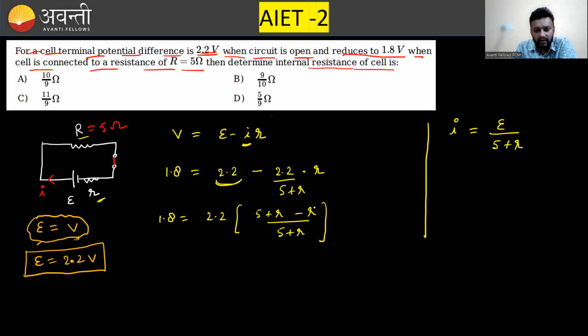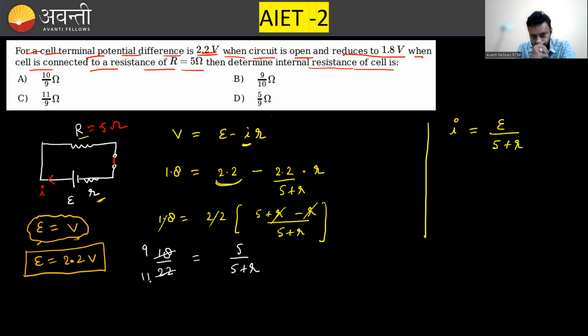You can do it by yourself. So this r and r can be cancelled out. This decimal and decimal can be cancelled out. So it will be written as 18 by 22, clear, equals 5 by 5 plus r. Clear? You can again simplify it.